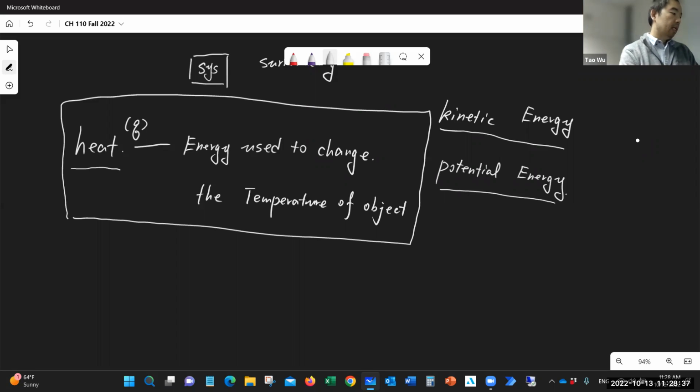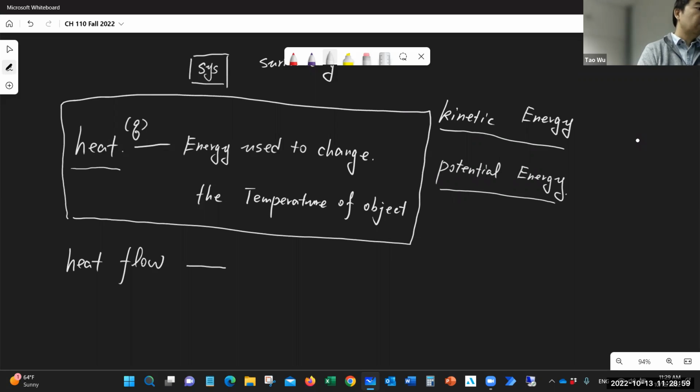Okay, and then let's see the heat flow. Heat will have a flow. Heat can be transferred from one object to the other object, but there is a rule for transferring the heat.